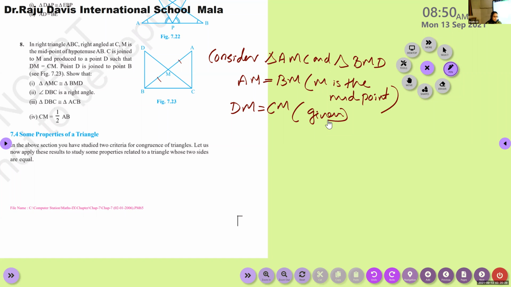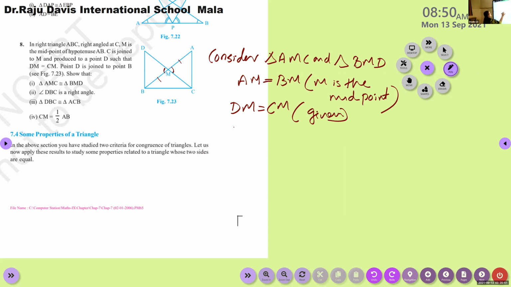We have ASA, SAS, and AAS. And angle AMC is equal to angle DMB. What is the reason? Vertically opposite angles. Very good. These two are vertically opposite angles.